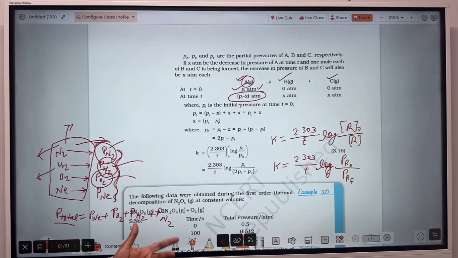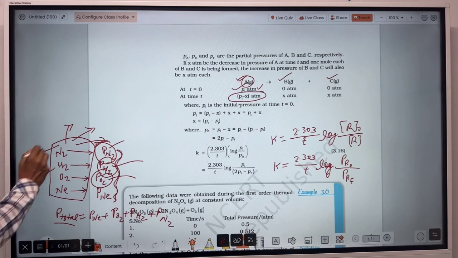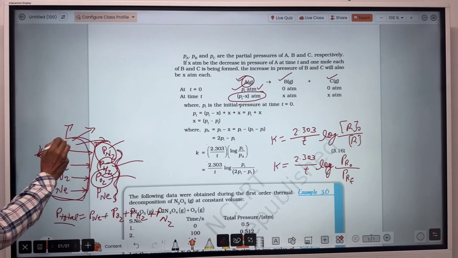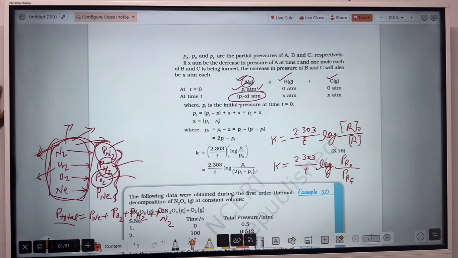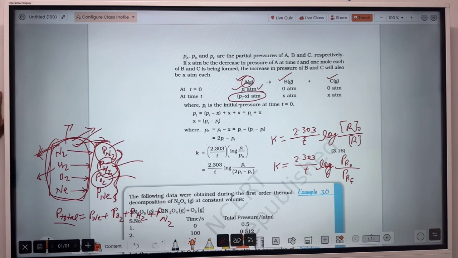But how much will X be? How to calculate it? We can calculate what P total is and what Pi was. That means the total pressure at t equal to 0 and the total pressure at a particular instant of time.